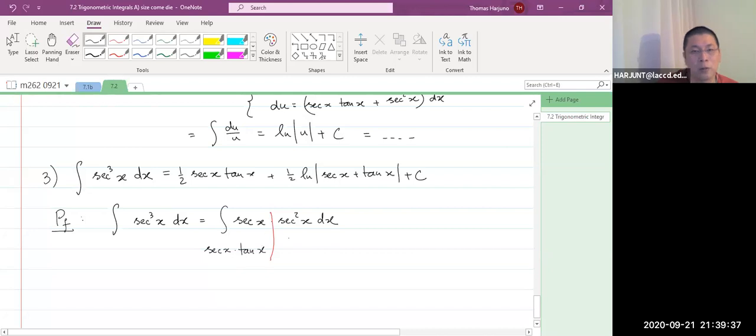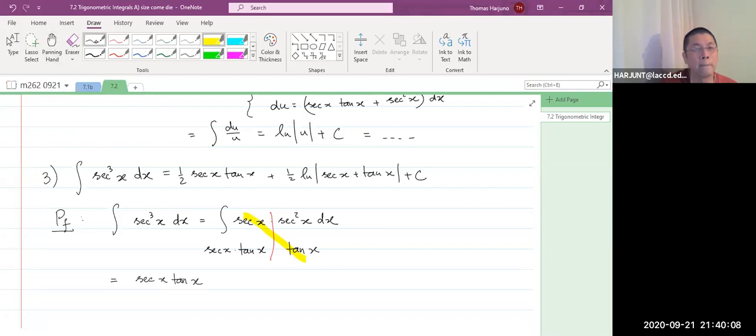The integral of secant squared x is tangent x. So that integral now is equal to secant x tangent x, that's for this part.